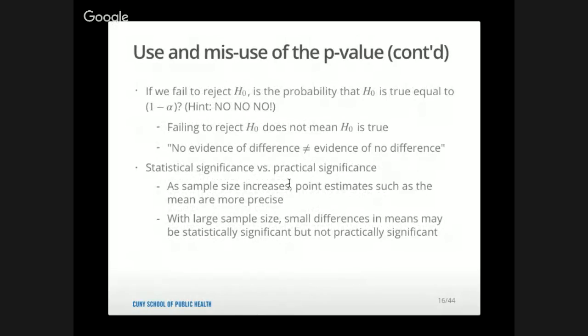So if we fail to reject H0, is the probability that H0 is true equal to 1 minus alpha? Yes or no? No. I just didn't want you to spend any time thinking that maybe the answer was yes.